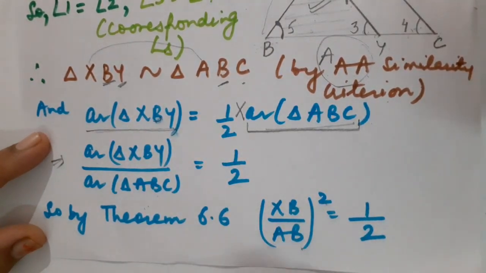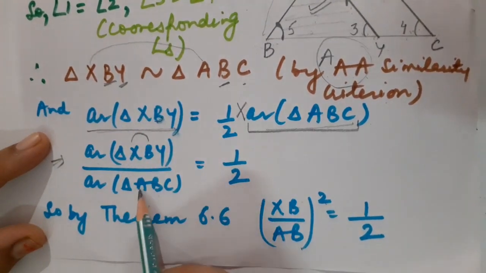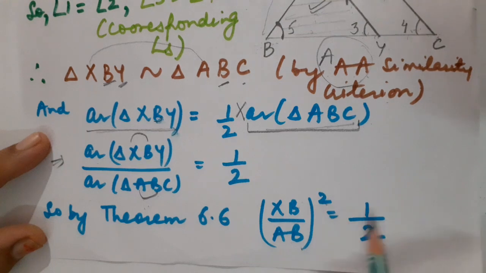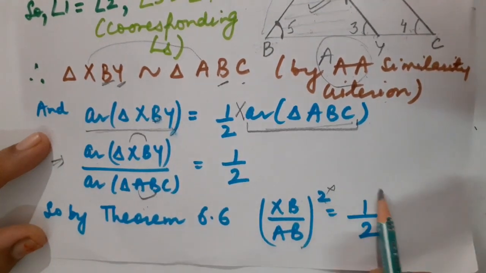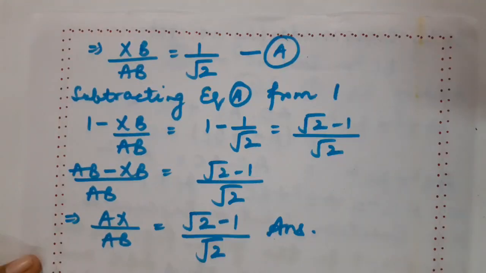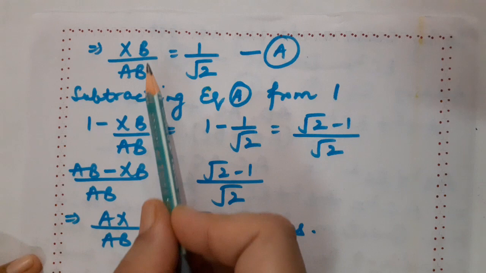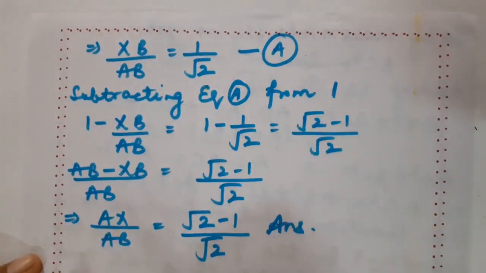Correct? So you can take any corresponding side. I have taken XB upon AB, whole square, is equal to 1 by 2. So when I remove this square, it becomes under root. Yes or no? So I have got XB upon AB is equal to 1 upon root 2. Let us consider it as equation number A.